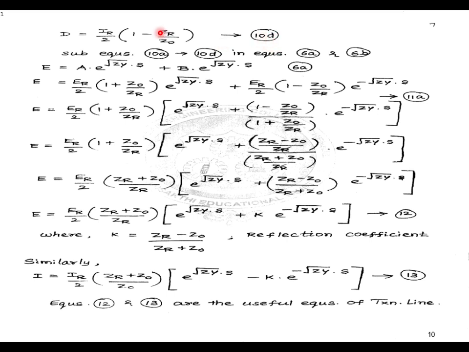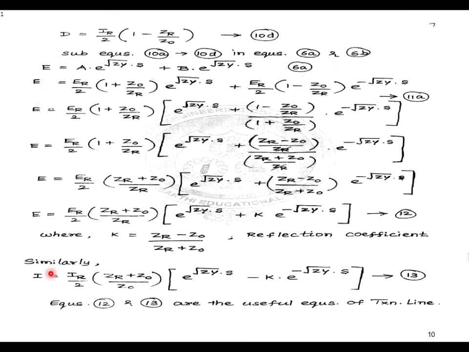If you are substituting the equations 10a to 10d in equation number 6a, that is the A, B, C, D values in the solution of the differential equation, substitute those arbitrary values. You can get the voltage and current equations.